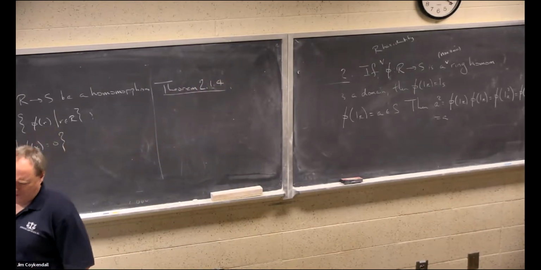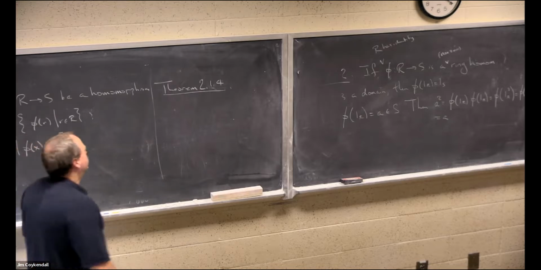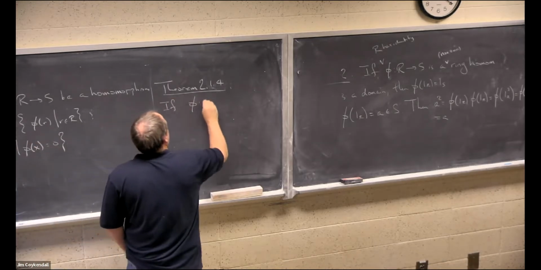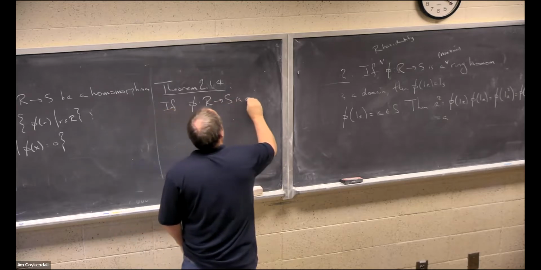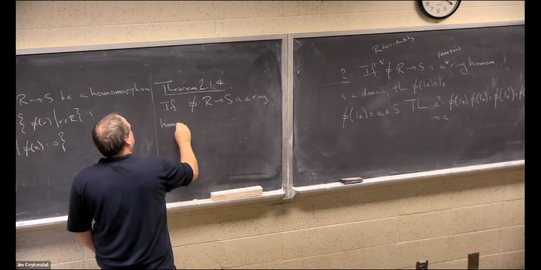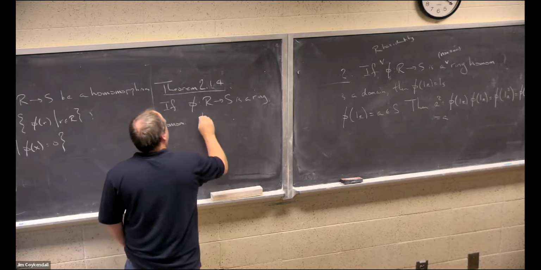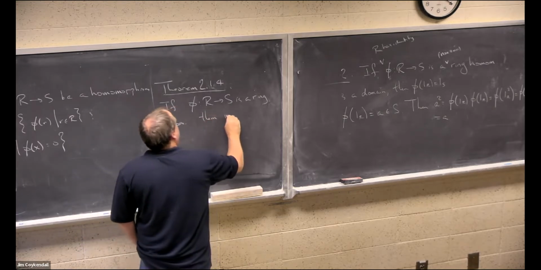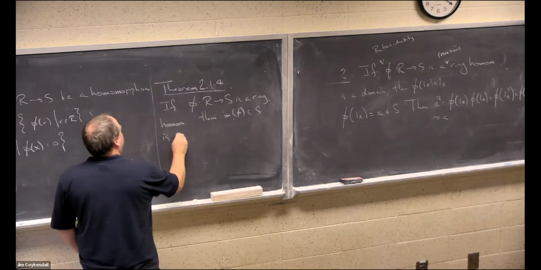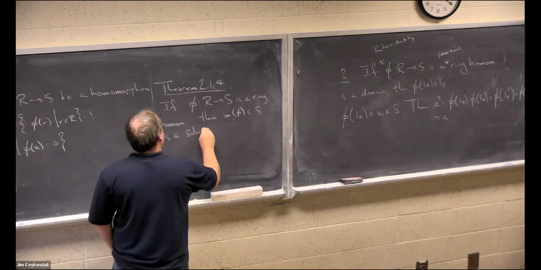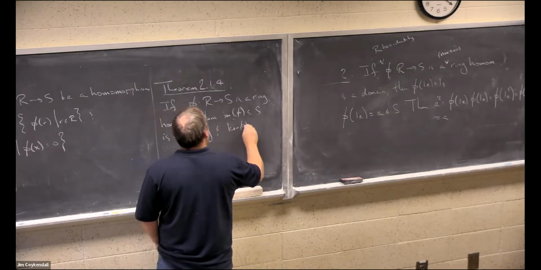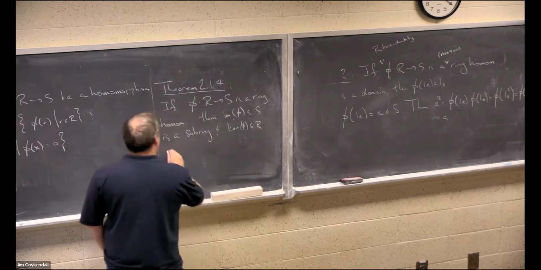Theorem 214. If you have a ring homomorphism φ from R to S, then the image of φ in S is a subring, and the kernel of φ in R is an ideal.